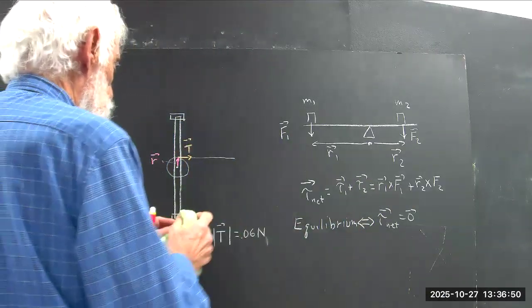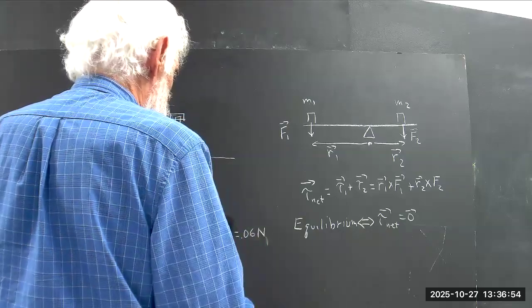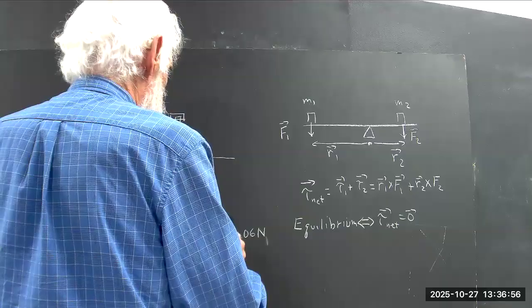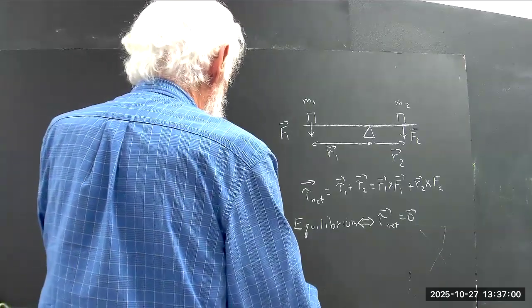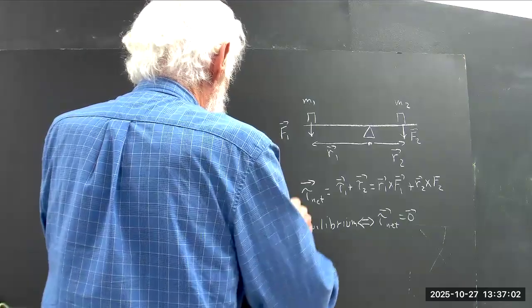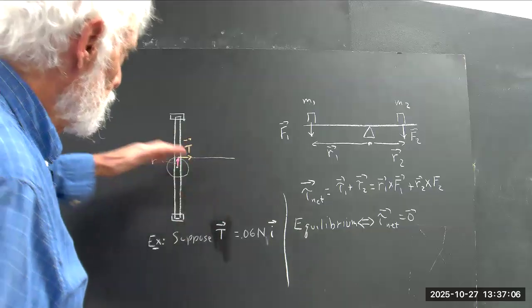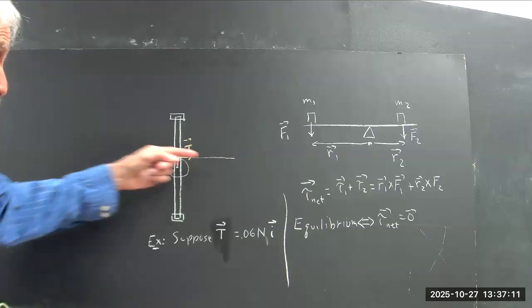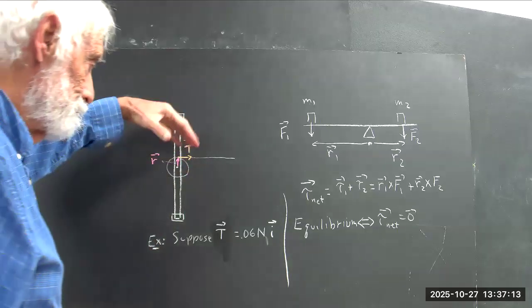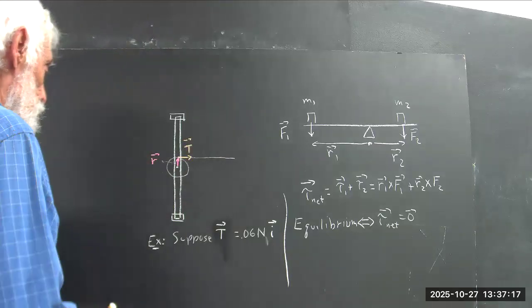I do want to do the vectors. I want to write the tension. Okay, we'll put that in the I direction because that's where the standard I vector would go with a coordinate system with the x-axis horizontal.